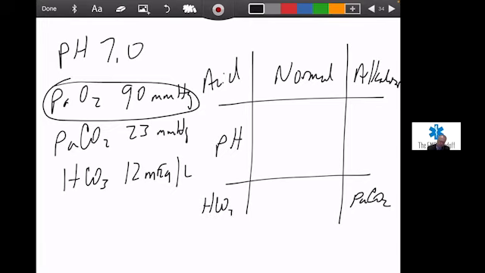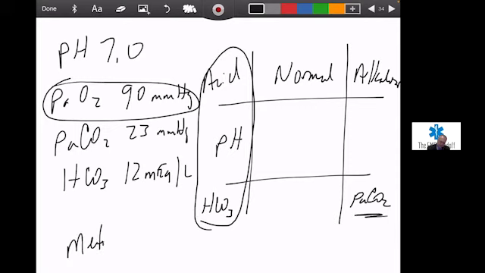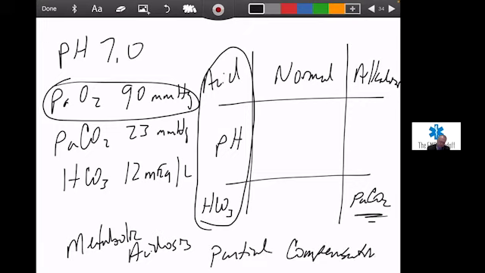This is associated with metabolic, so this is metabolic acidosis. That's on the opposite side, so this is metabolic acidosis with partial compensation.